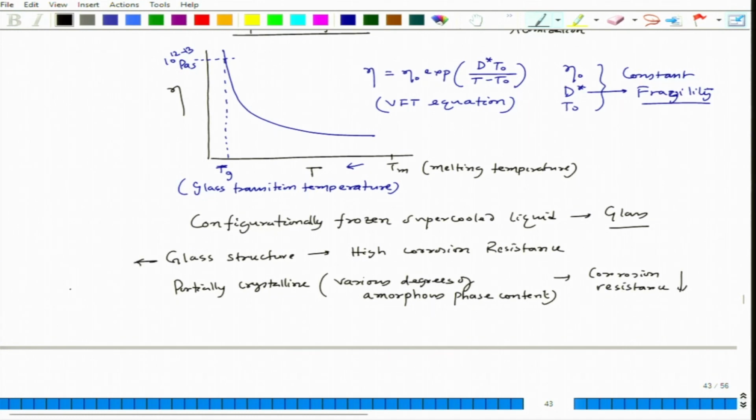And here how do we apply? Coating. So, if we have a coating, then a classic coating on a surface can improve the corrosion resistance.